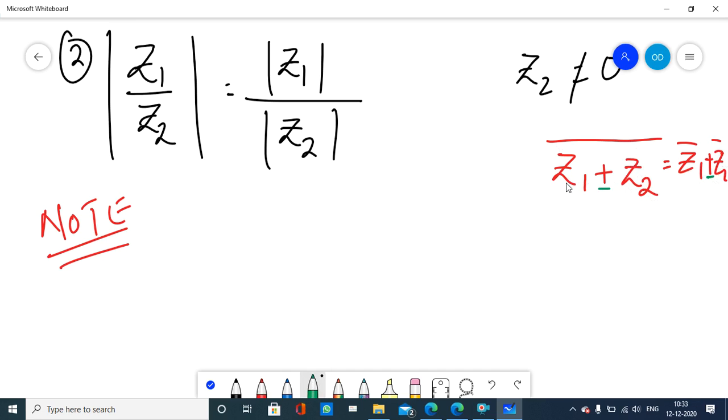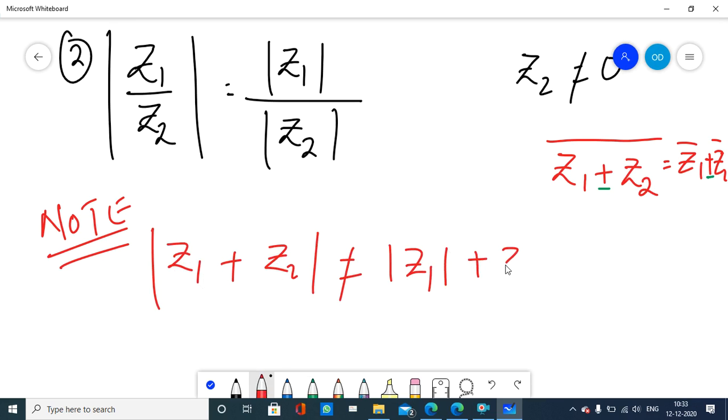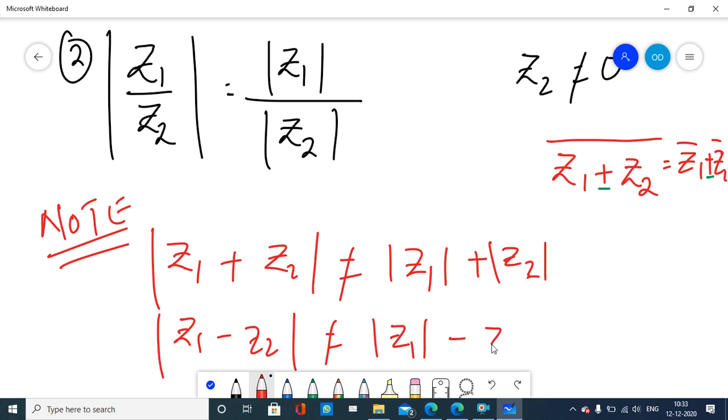Well, this kind of property does not hold in the case of the modulus of two complex numbers. Remember that the modulus of Z1 plus Z2 is not the same as the modulus of Z1 plus the modulus of Z2. Similarly, the modulus of Z1 minus Z2 is not the same as the modulus of Z1 minus the modulus of Z2.